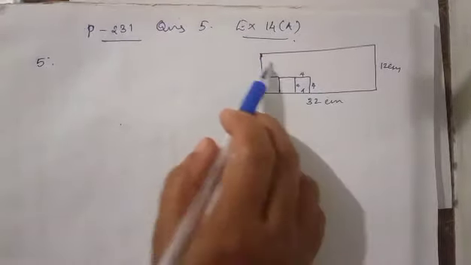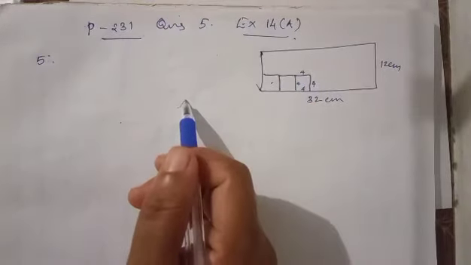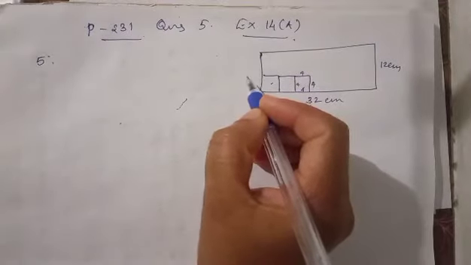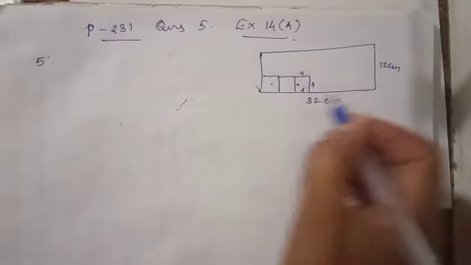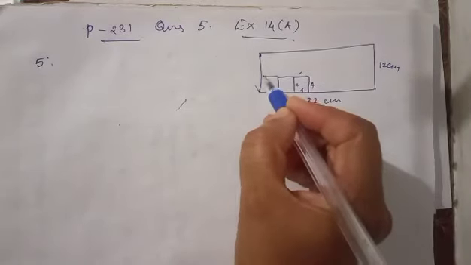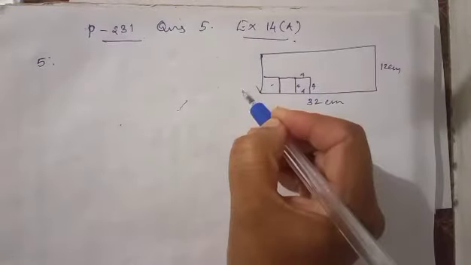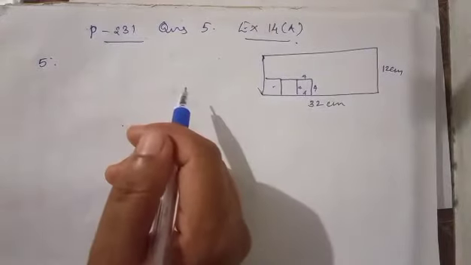So how many squares can we cut from this? How to do it? We have to find the area of the rectangle first, then the area of the square. Then when we divide each area, we get how many squares we can cut from this.